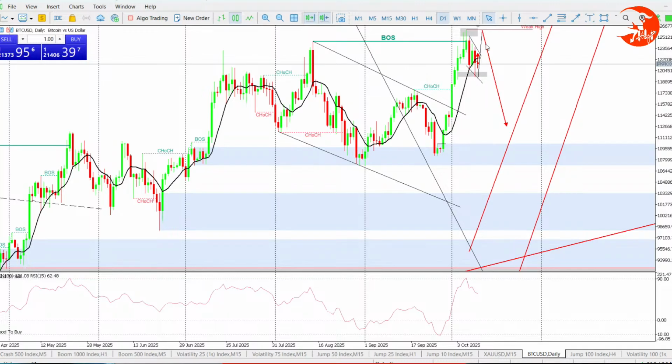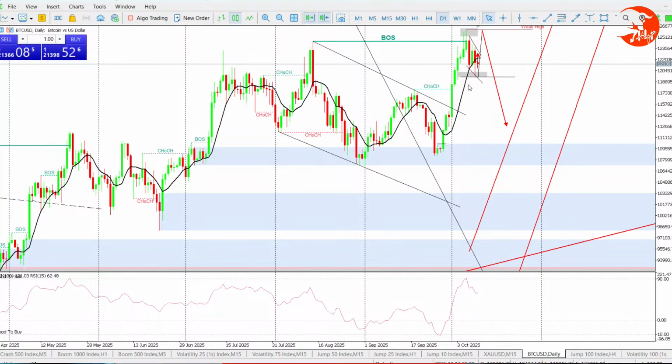Once we do that, according to daily, we will have another change of character right on that level. This is where we will be considering a change of character according to daily time frame. And once we have this confirmed change of character, which will be our reversal signal to push for downtrend, then we will know that we've started sales.